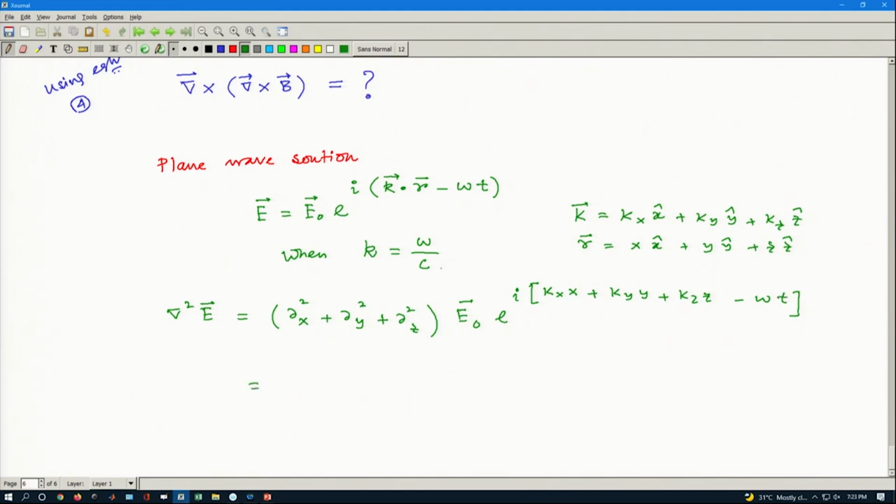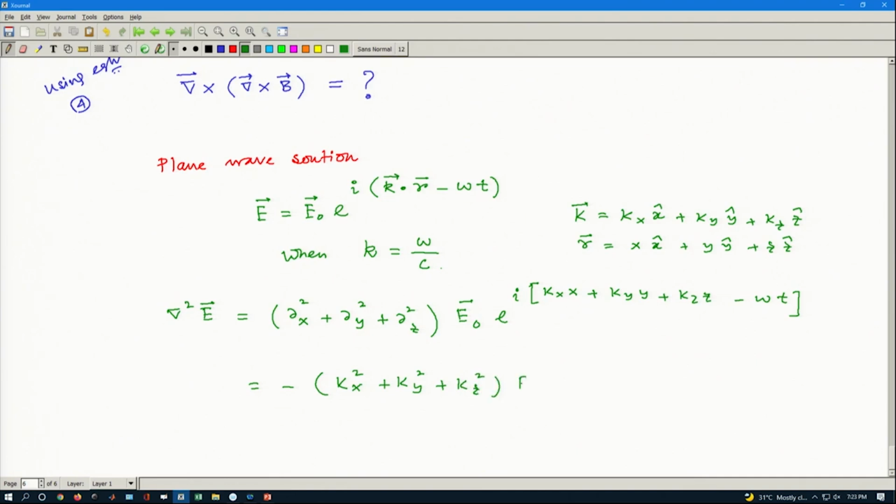This will operate twice, and every time it operates, i k will come out. When operated by del y, i ky will come out and so on. So, eventually we have kx square plus ky square plus kz square, and the rest of the terms will remain the same.